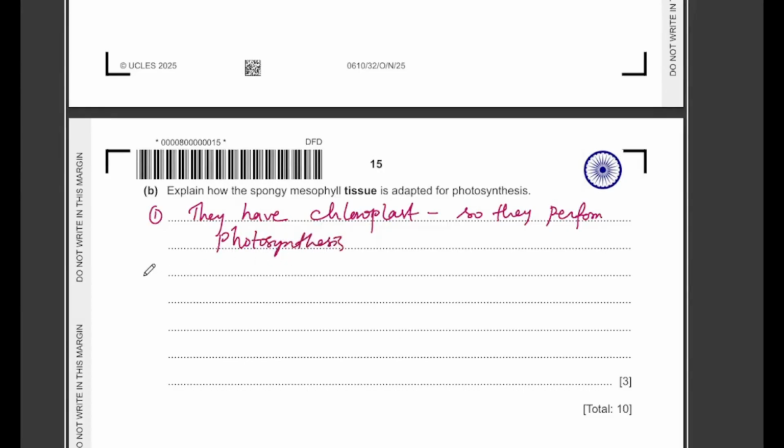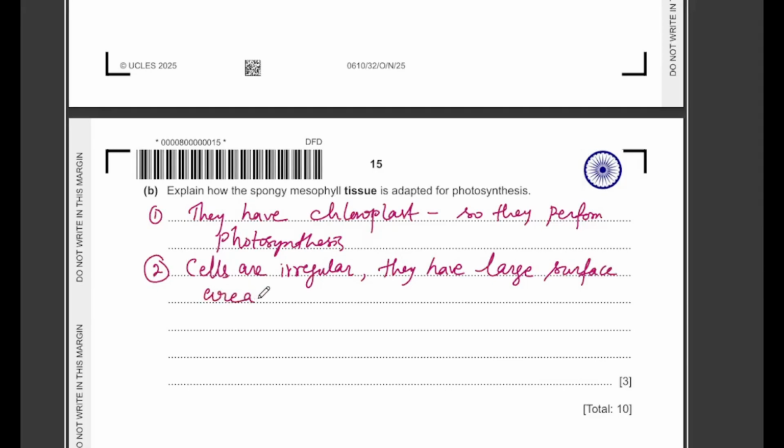Okay, second point, cells are irregular. So what happens now? As they are irregular, they have large surface area.